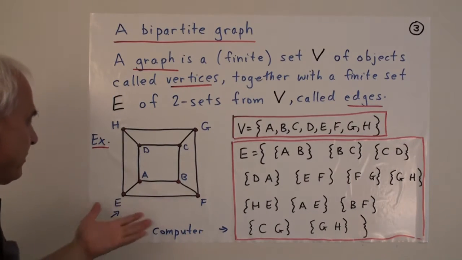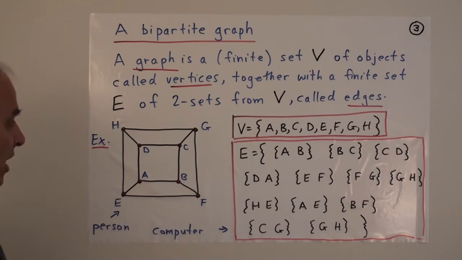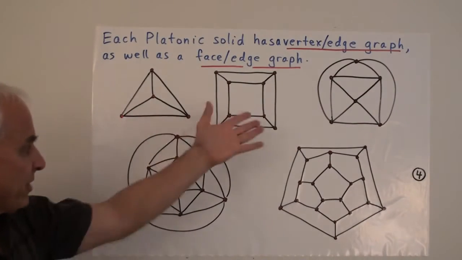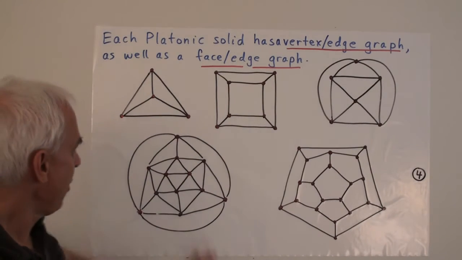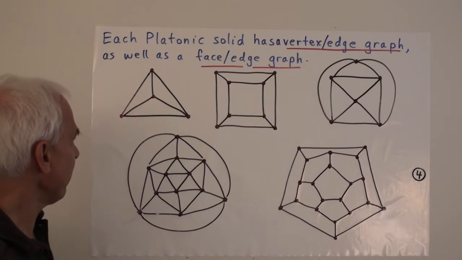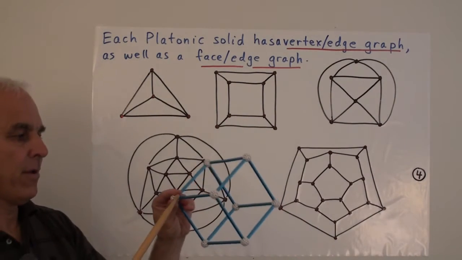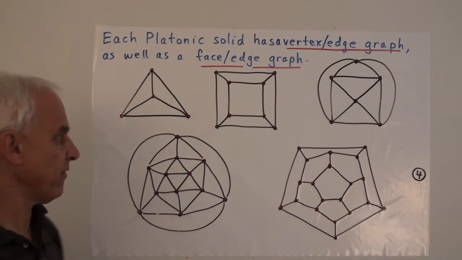Okay, so here's an example of a graph. It's actually the vertex edge graph of the cube. All right, good. So each of the 5 Platonic solids, we can draw a graph for it, okay, where we just label the vertices and the edges according to whether the actual object has edges between two given vertices.